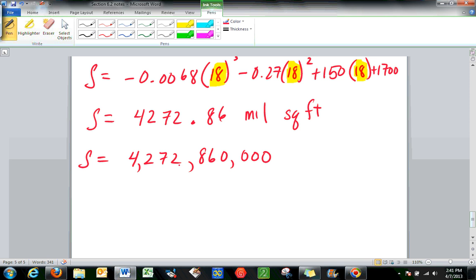And so here you can see that we had 4.2 trillion square feet of retail space in the United States in 1990, and I'm quite sure that we have a lot more than that nowadays as well. So that is an example of how we would use direct substitution to answer a word problem.